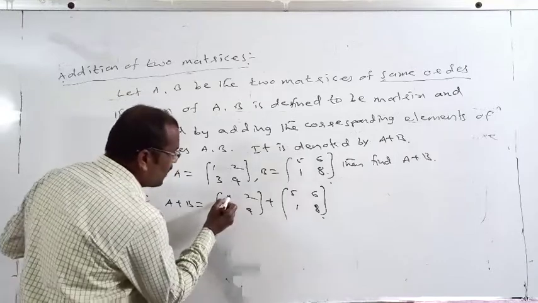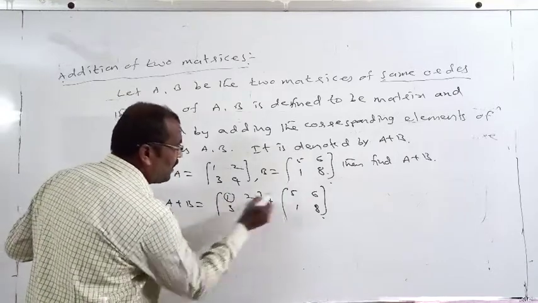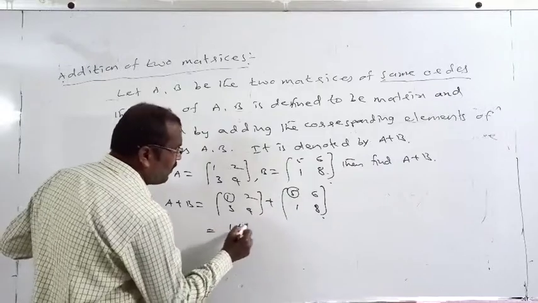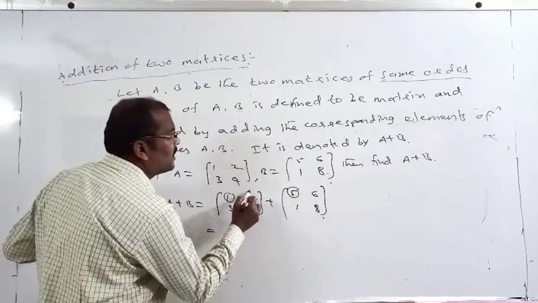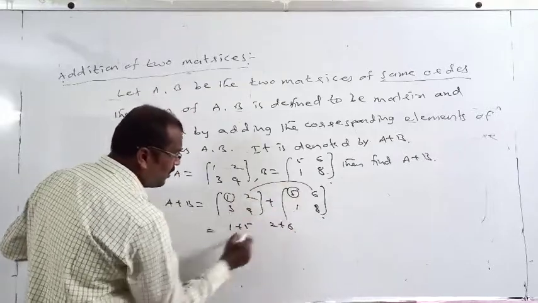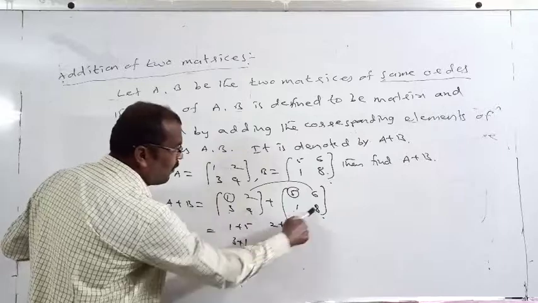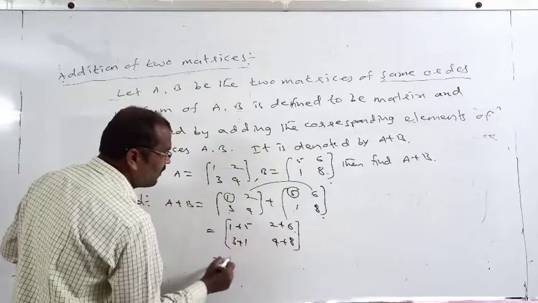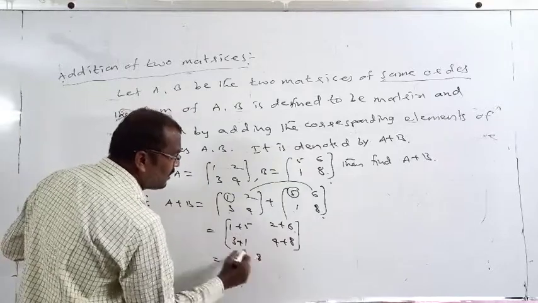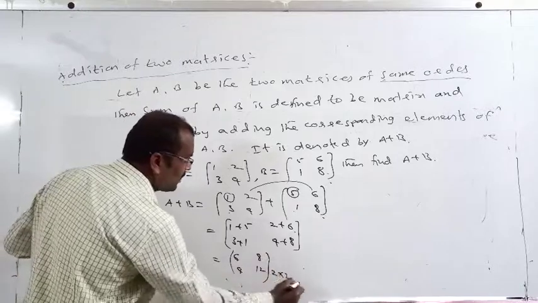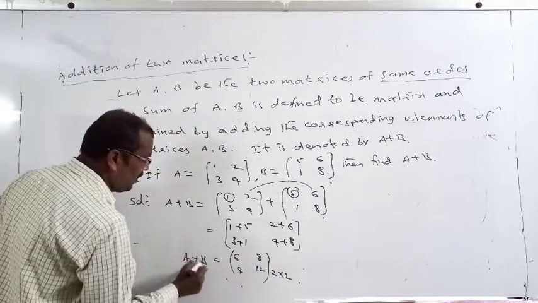Now add the corresponding elements. 1 and 5 are at the same position, so I am adding 1 plus 5, 2 plus 6, 3 plus 1, and 4 plus 8. So the answer is 6, 8, 4 and 12, which is also of the same order. This one is said to be A plus B.